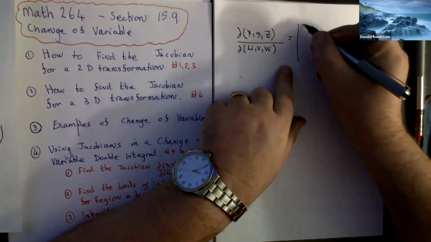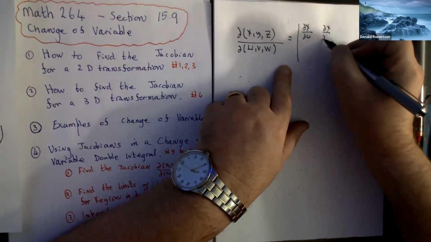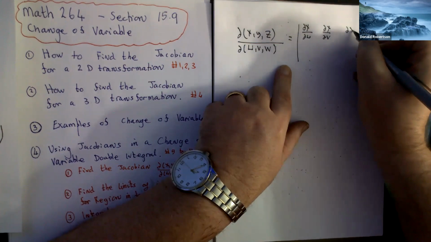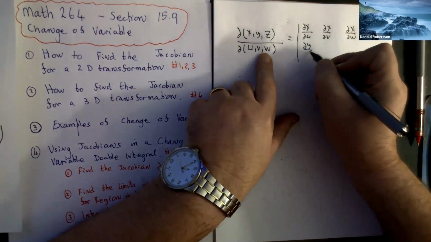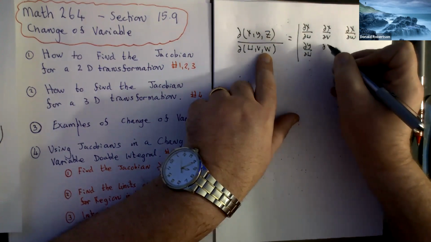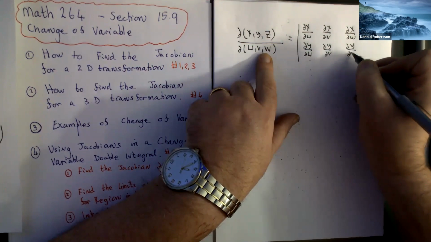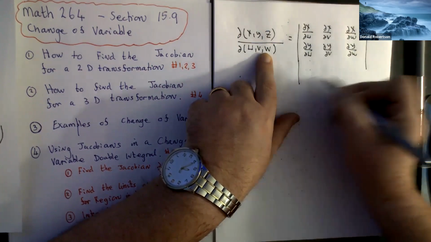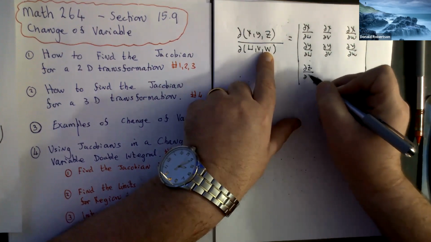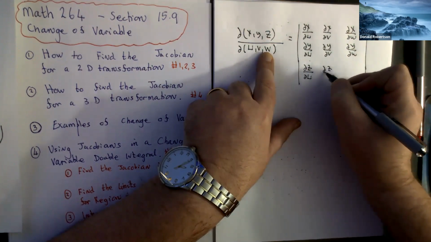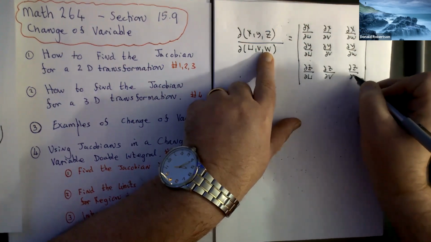So you do an x with respect to the first, the second, and the third variables. You then do the y's, differentiate with respect to the first, the second, and the third variable. And lastly, you do the z's with respect to the first, the second, and the third variable.